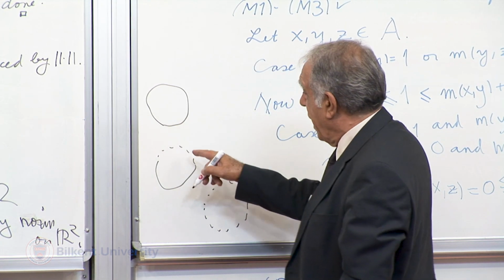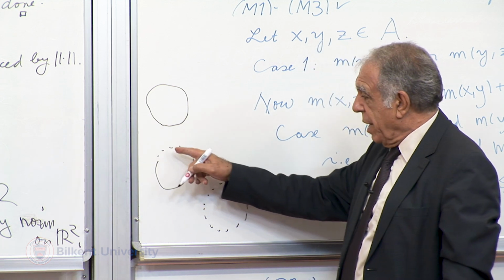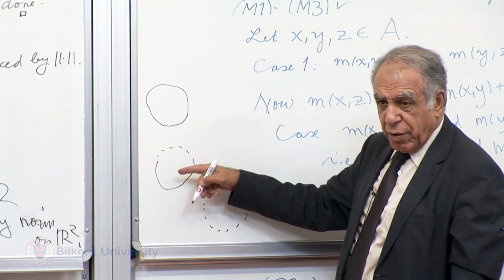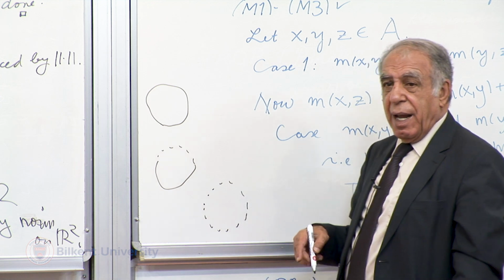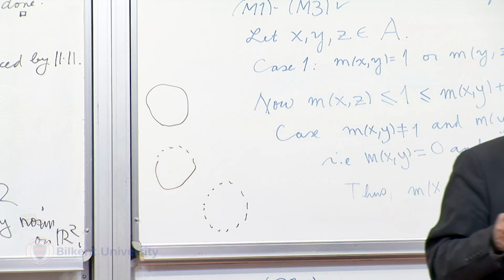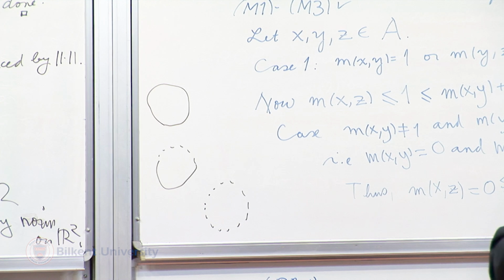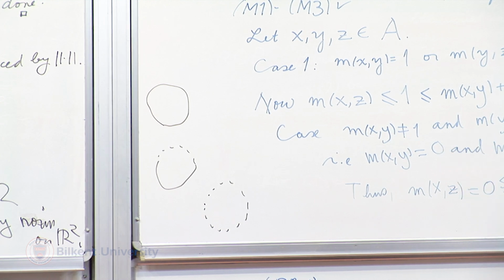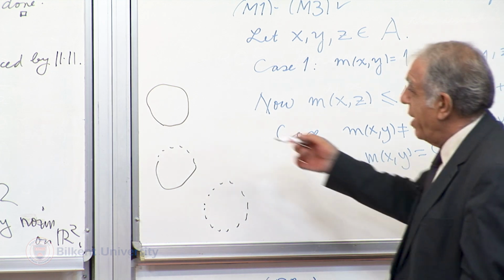Well, the dashed curve means points on the dashed curve are not in the set. And you were supposed to answer just according to your taste, which one of these sets is open, which is closed, and which is none. How would you mark this?